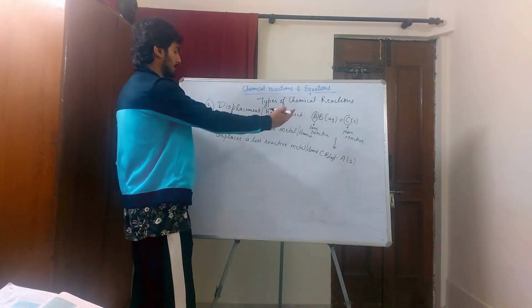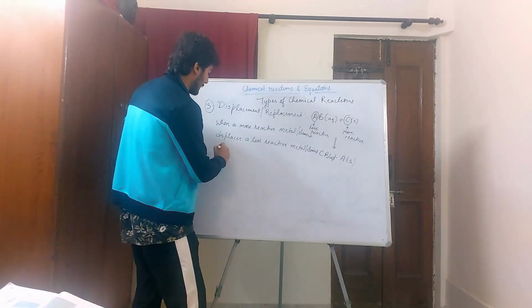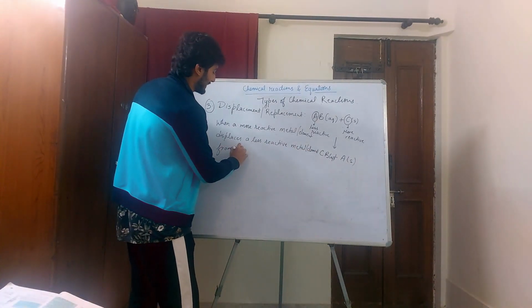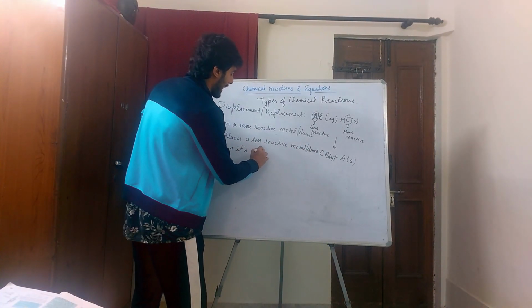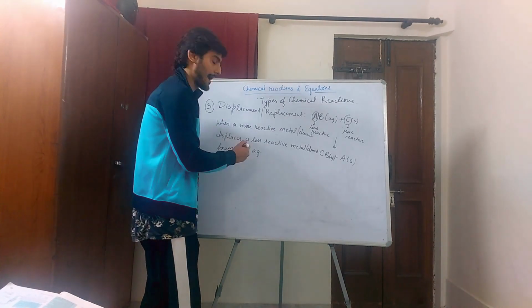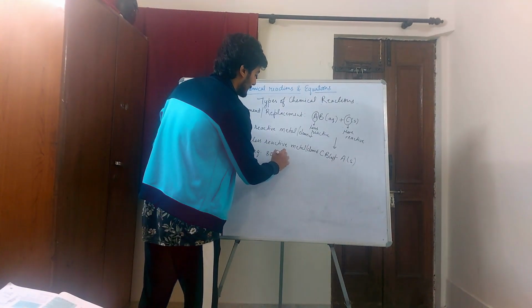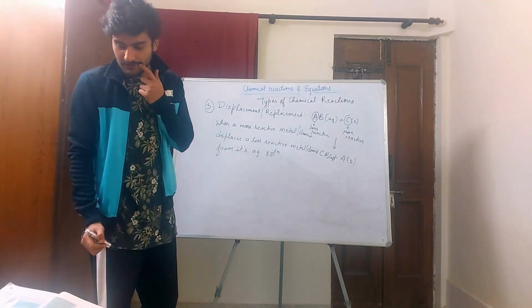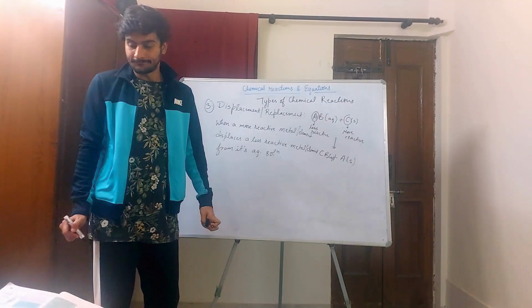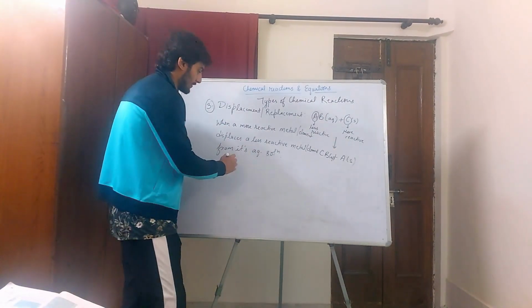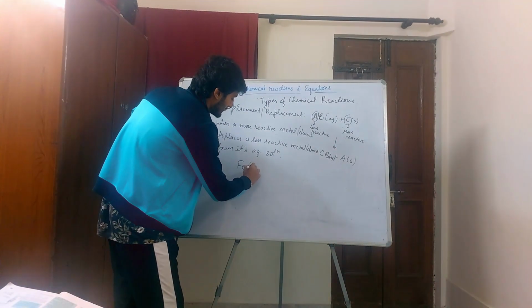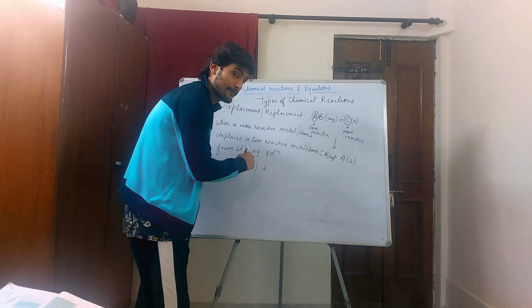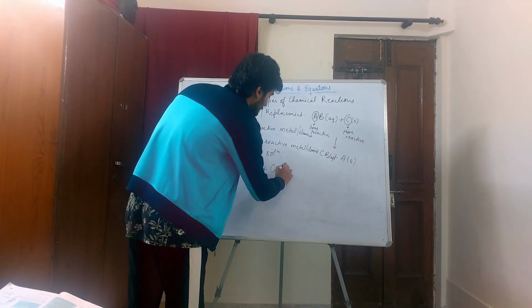When a more reactive metal displaces a less reactive metal from its aqueous solution. I hope you remember the word aqueous. So this is the definition of the reaction. The reaction which I am giving now, Fe solid, this is an activity in the NCERT book as well.